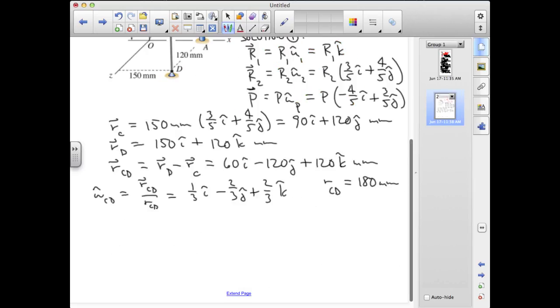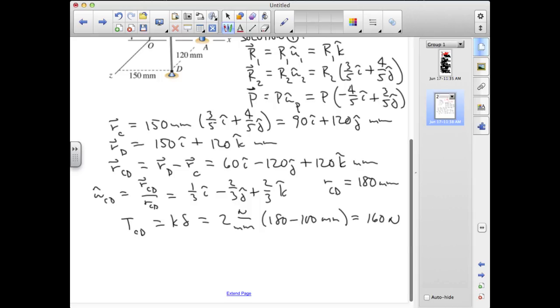Finally, we also know the magnitude of the tension in CD because we're given it has an unstretched length of 100 millimeters. And so the tension magnitude is just K times delta, and that's 2 newtons per millimeter times 180 minus 100, and that turns out to be equal to 160 newtons.